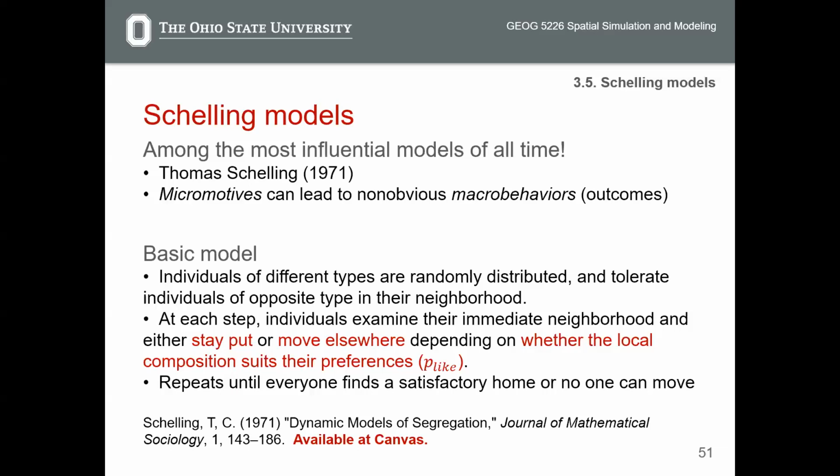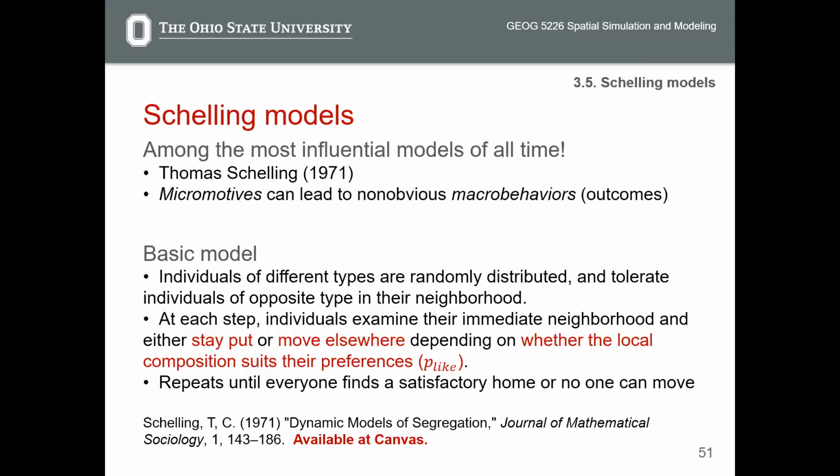So it's pretty obvious that this type of model is going to produce segregation and aggregation, because you can say from the rules that everybody here is trying to find a location where they can be surrounded by individuals belonging to their own type.